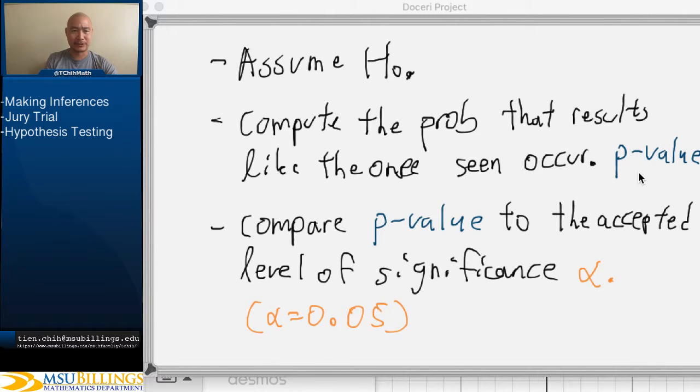It's a lot more likely maybe that the null hypothesis is wrong. However, if our p-value is bigger than our alpha, we say, okay, there's more than a 5% chance that if the null hypothesis is true, something like this could happen. Maybe the null hypothesis is true.